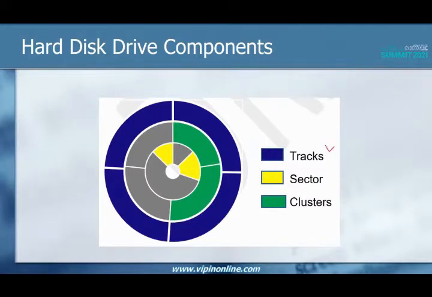Why are we learning all these things? Tracks, sectors, and clusters. Whenever a hard disk is going to fail, if a cluster or a sector is damaged and marked as a bad block, if we can calculate the specific address of this damaged sector, we can specify commands to skip that sector and have the data recovered.